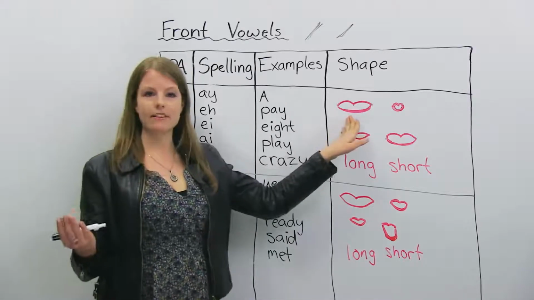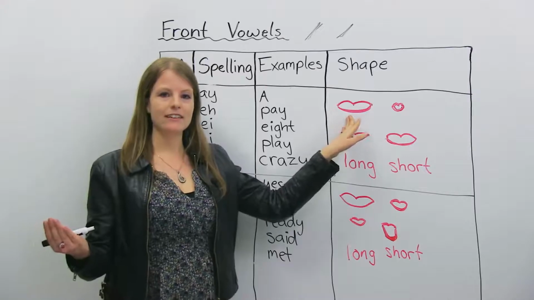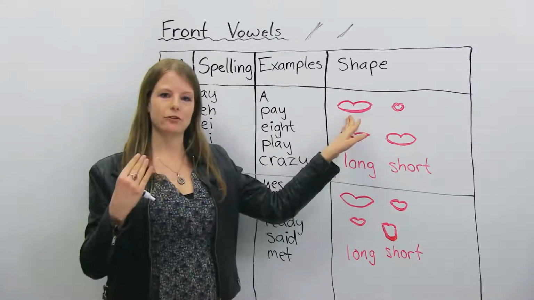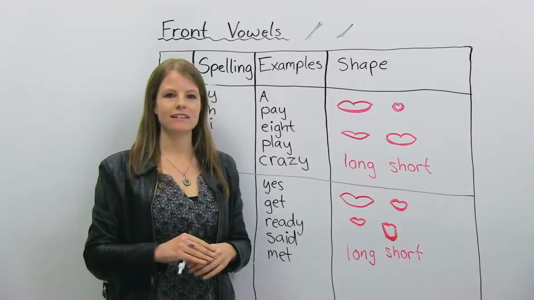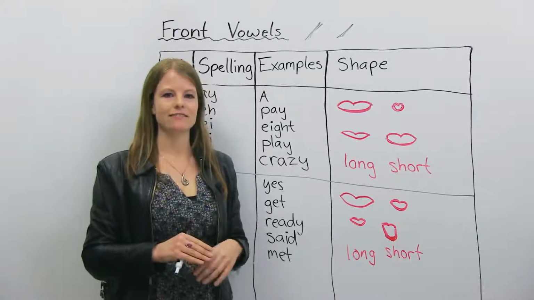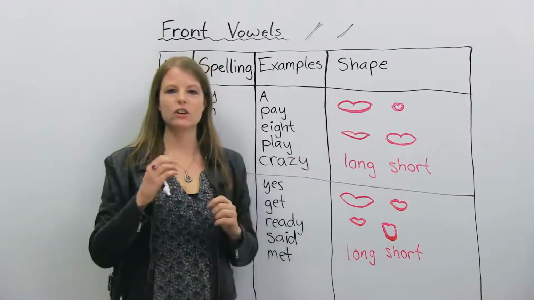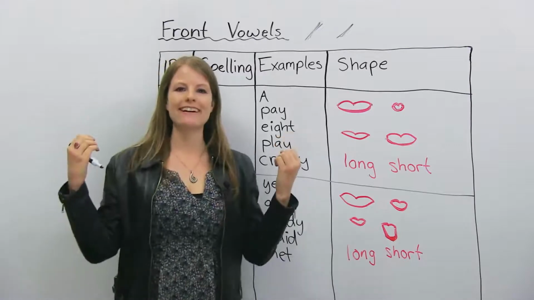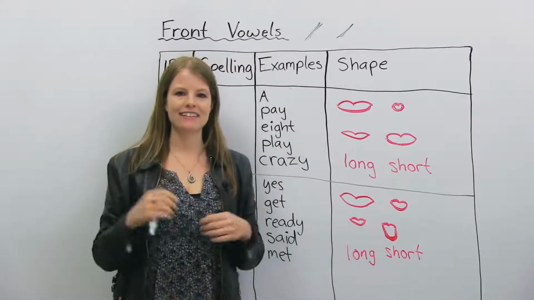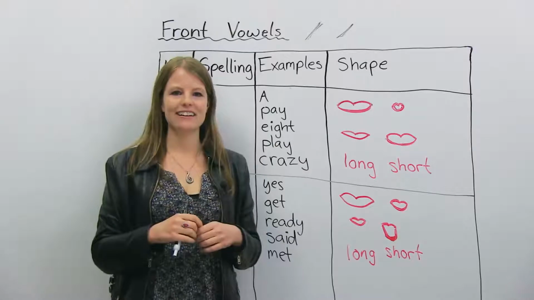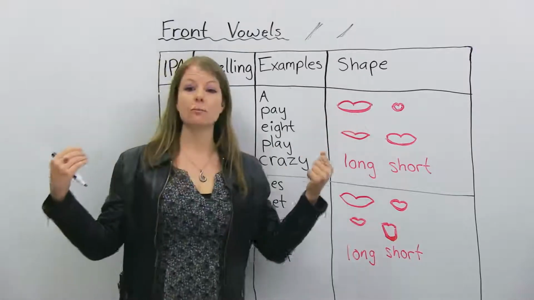Okay, now let's think about the shape of the mouth. I want you to look at what my mouth is doing. Is it very small, or is it more spread like that? In this case, the mouth is actually quite spread.